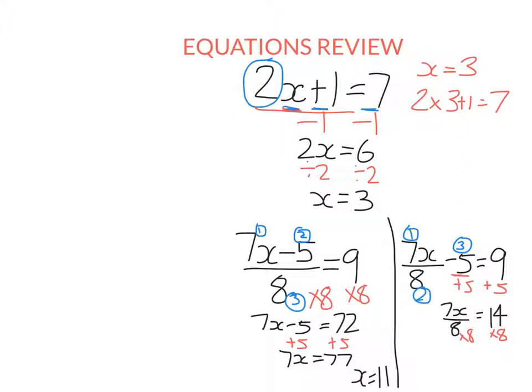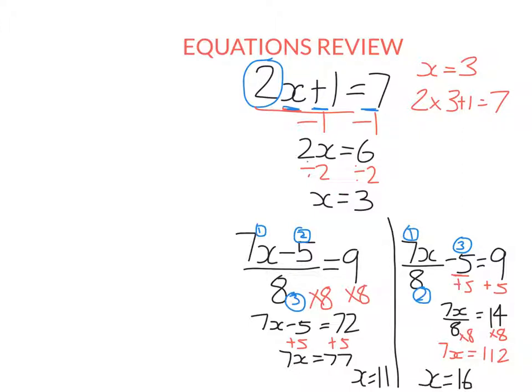We'll get the same answer. That's because division and multiplication are like the same rank when it comes to BODMAS. So if we go my way and times each side by 8, we get 7x equals 112. Now we're going to undo timesing by 7 by dividing by 7. So x is 112 divided by 7, which is 16.